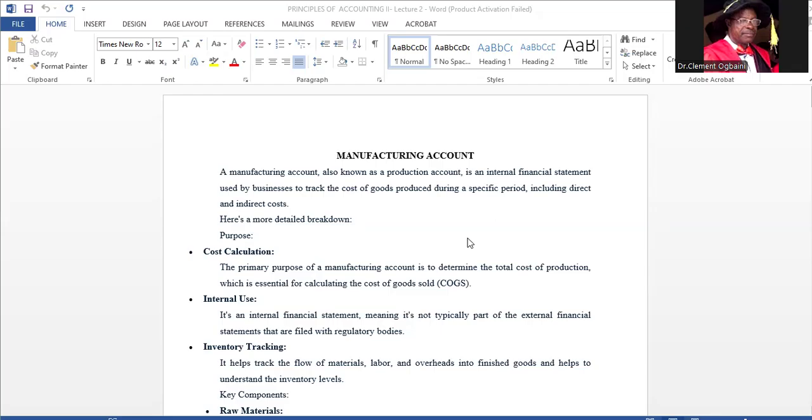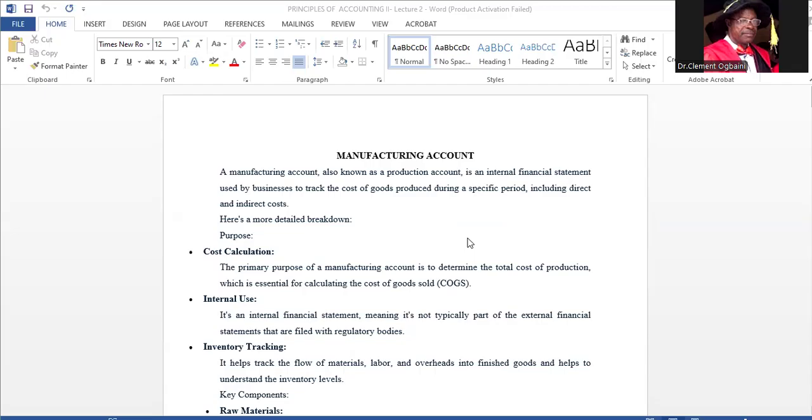But if you look at an organization like Cadbury, Nigerian Breweries, Guinness, all those ones are into manufacturing. So a company that is into manufacturing needs to prepare a manufacturing account before they can go into a trading profit and loss account.